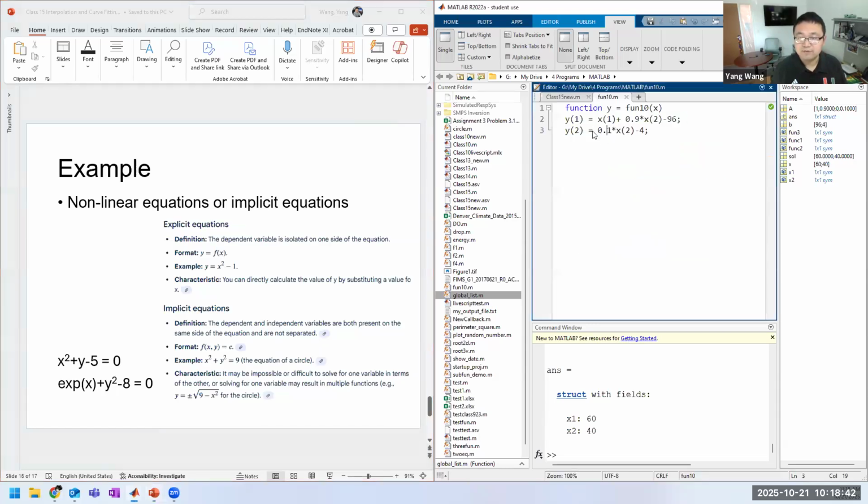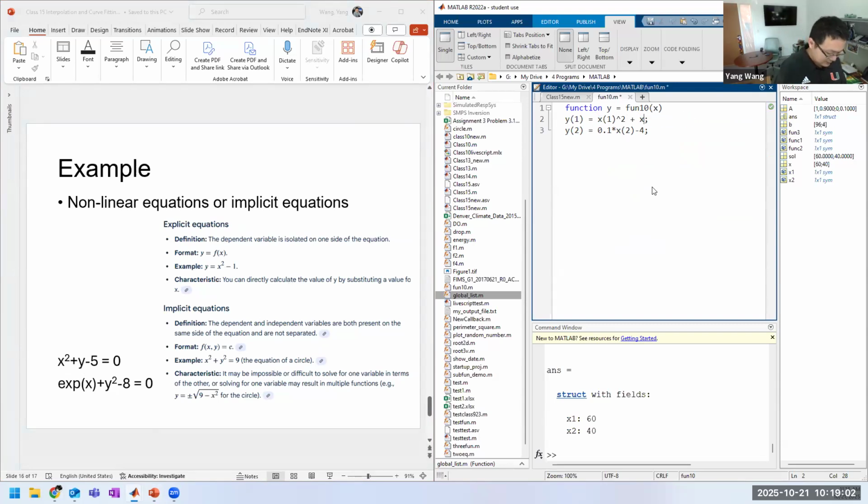So we define this F10 again. So the function, now what we need to do is convert x and y to x1 and x2.